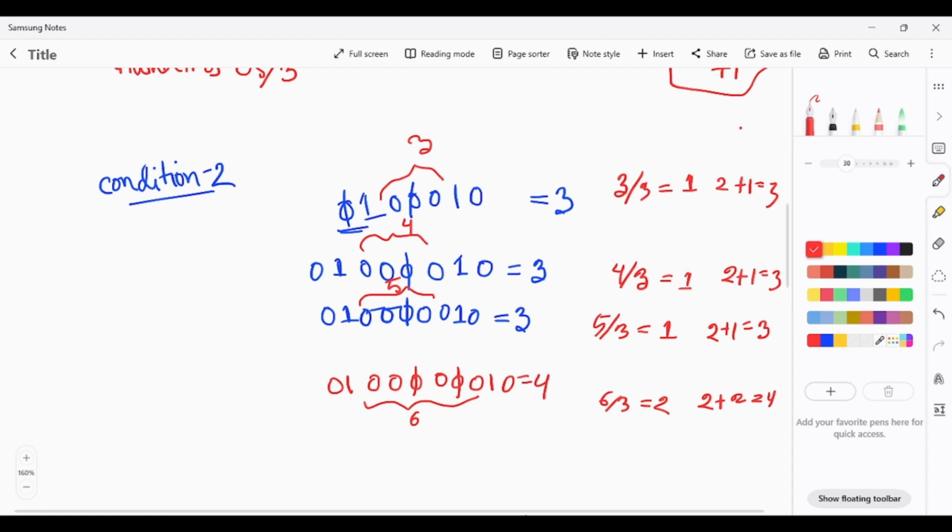So this is the equation: when there is a 1 in front and a 1 in back, the total number of zeros in between divided by 3, this number will be the number that we will have to add to the existing number of students. So this is condition 2.